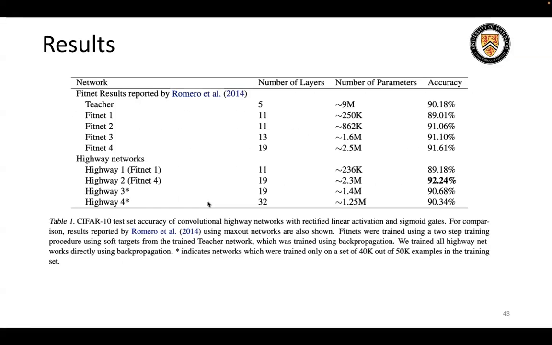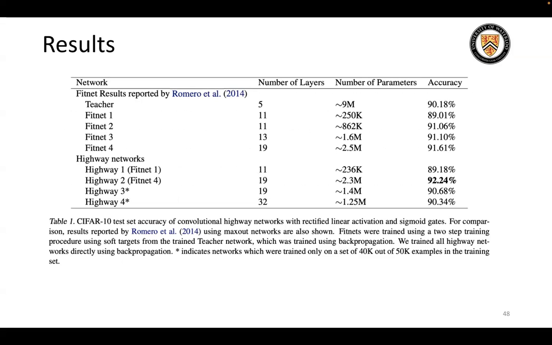Now let's look at the results. In the FitNet results, we have teacher networks with 5 layers, and different FitNet networks with varying numbers of layers. And we have the corresponding highway networks, Highway 1, 2, 3, 4, with the numbers of layers 11, 19, 19, and 32.